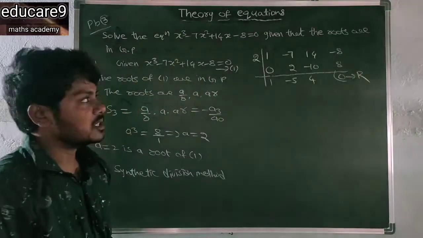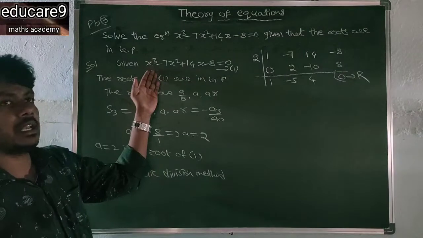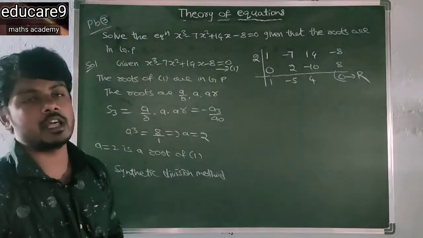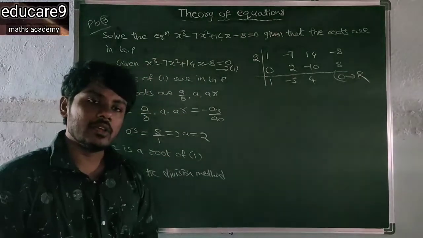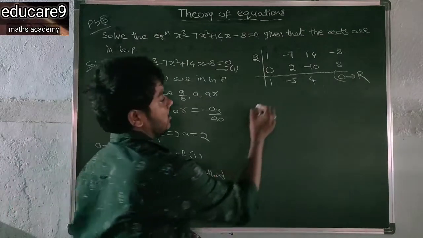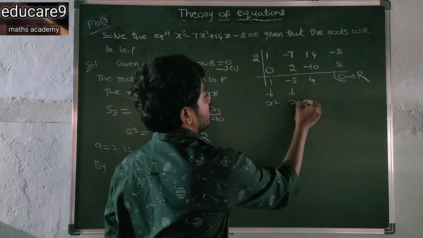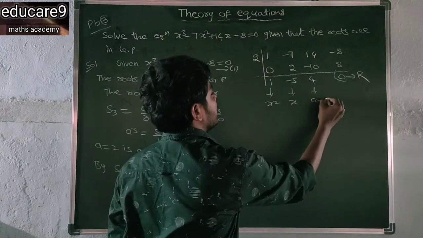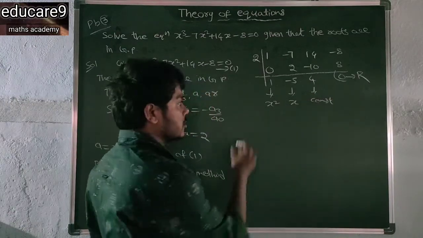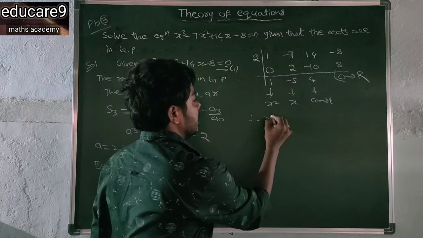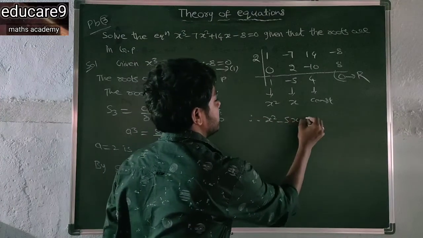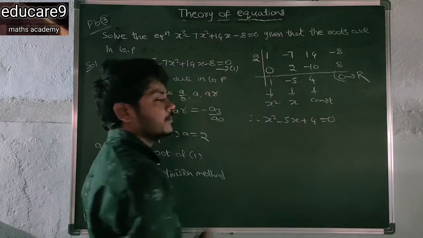What is this? The remainder. So clearly the cubic polynomial is divided by a linear polynomial, in that case you will get a quadratic polynomial. So this is the x square coefficient, x coefficient, and constant. Therefore x square minus 5x plus 4 is equal to 0.